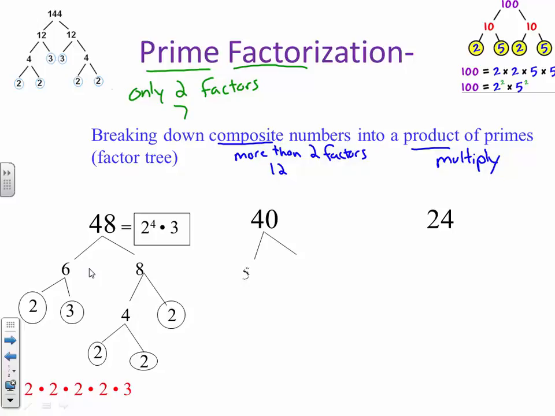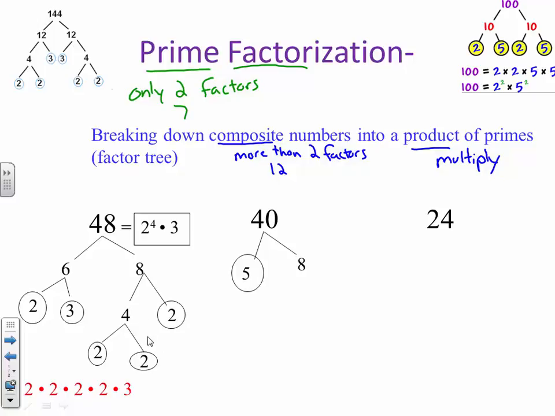So for 40, I used 5 and 8 because, like I told you before, those are the closest factors I could get to each other. You could do 10 times 4 and 20 times 2 and so on, but all will get you the same answer. But if I do 5 and 8, these are the closest together. It's going to be the least amount of work. 5 is a prime number, therefore I'm just going to circle it. 8 is not prime, but look over here. I already did 8. 4, 2, 2.